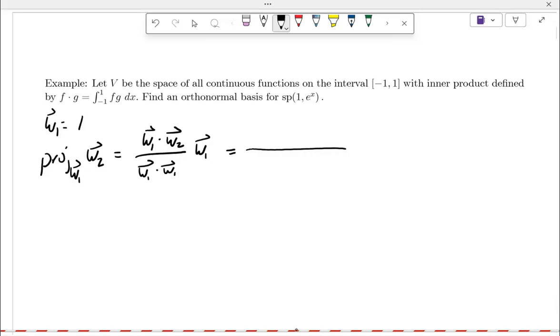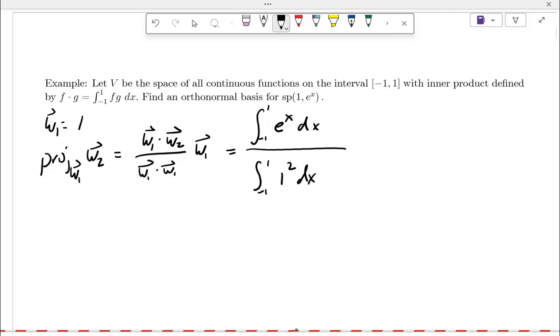So what are we going to integrate on the top? e to the x dx, right? Because it's 1 times e to the x. What are we going to integrate on the bottom? It'd be 1 squared, because it's 1 times itself, right?